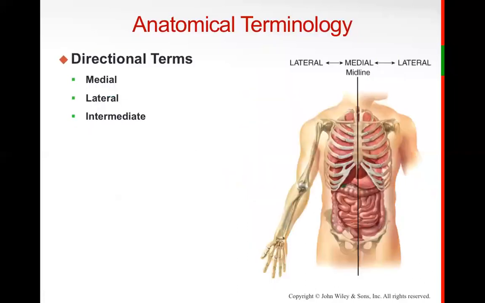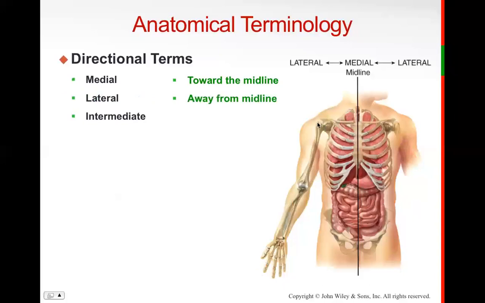Now, directional terms also include medial, which means towards the midline, okay? The midline is running through here, through the sternum, for example. You can think of it that way. We'll get into exactly what cut this is shortly. Lateral is going to be away from there, all right? It doesn't have to be all the way here at the tips of the fingers, all right?